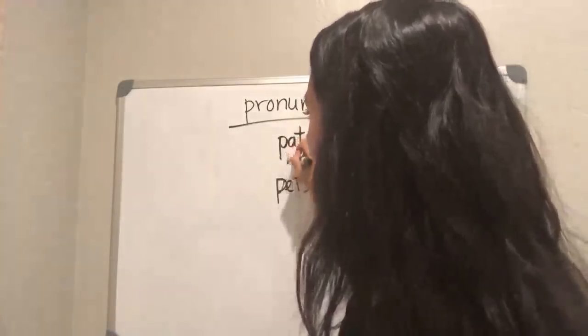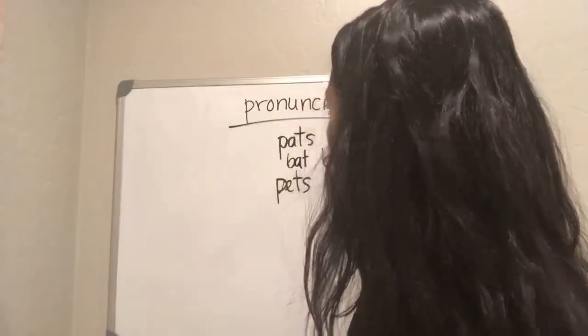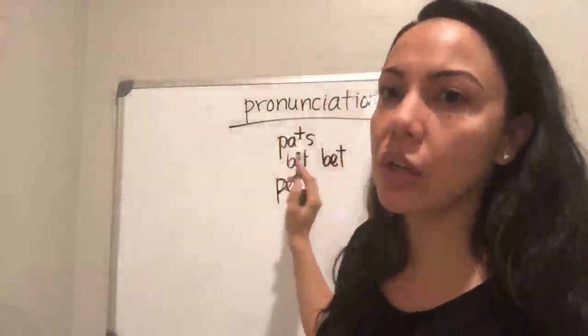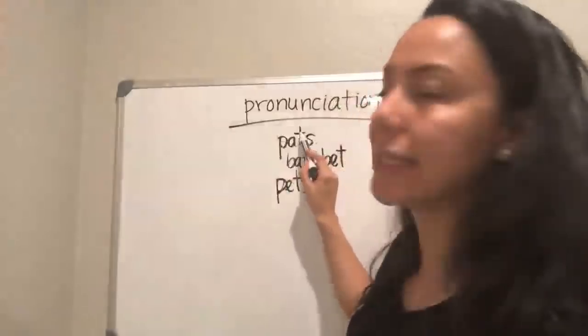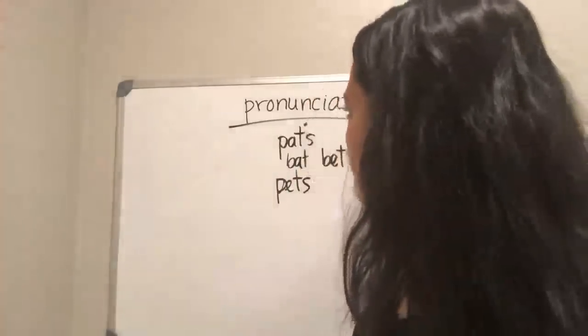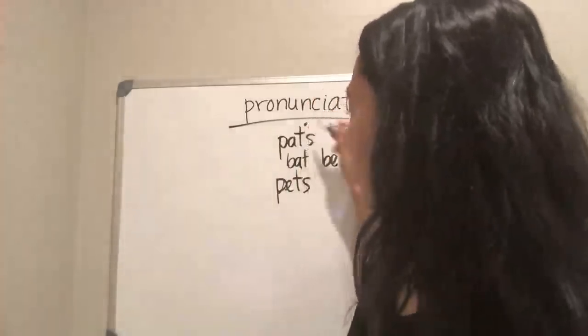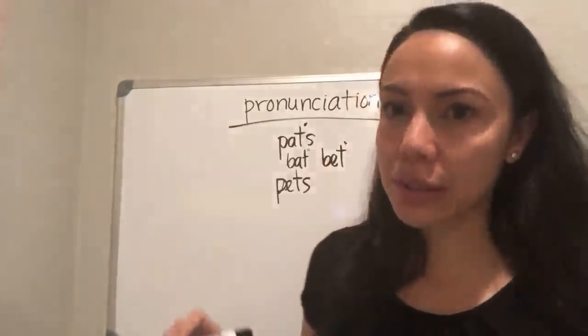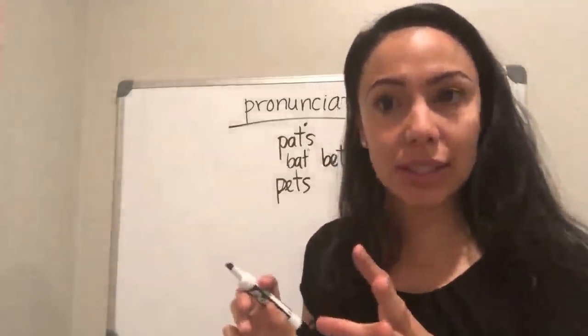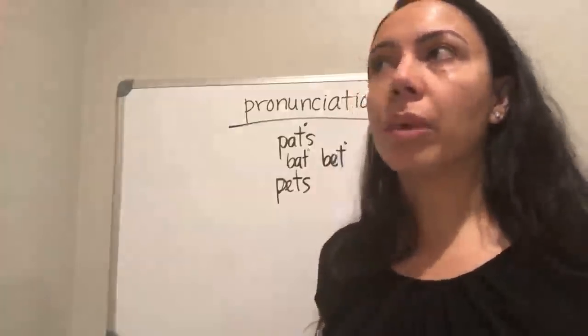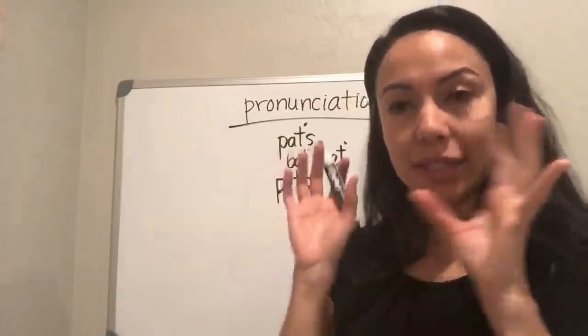The word bat, okay, and then bet. So in English, these are called stops, a T stop, okay? And what that means is that when we pronounce these sounds, we almost cut them off so they stop.